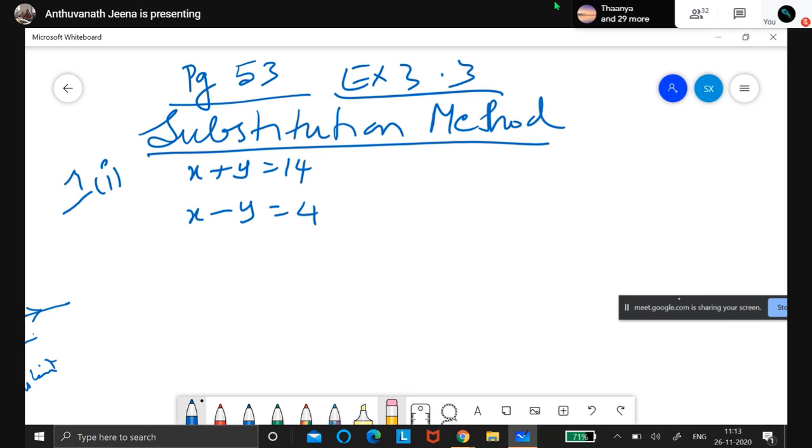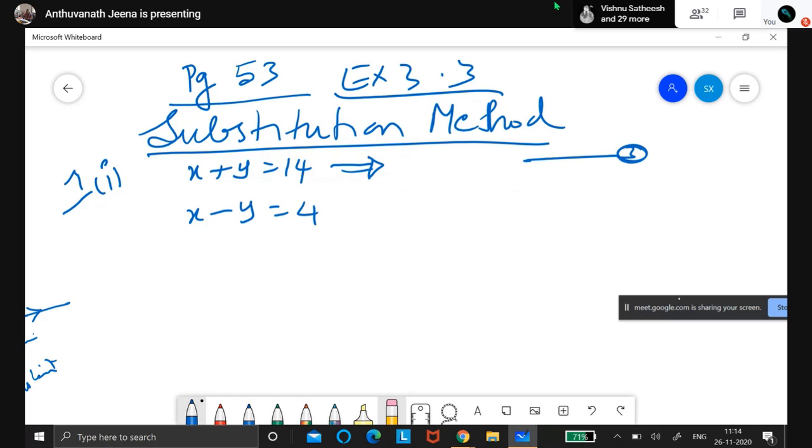Substitution method means take the first equation as x is equal to 14 minus y. Shift one variable, make it a single variable, and that will be the third equation.